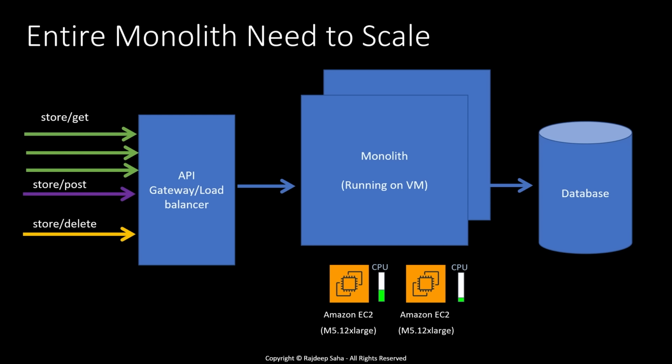Because you cannot really pick apart different components to run on different EC2s with the monolith approach. So now we have two M5.12xlarge EC2s running, and the CPU utilization for both of those went down. So even though you are using part of the CPU, you still pay full price for these Amazon EC2s, since you have to assign a sizable virtual machine for monolith, so you end up paying a lot more.